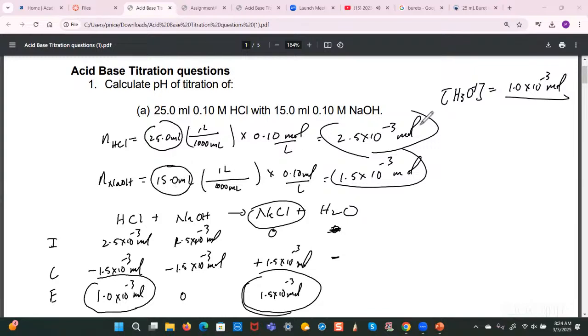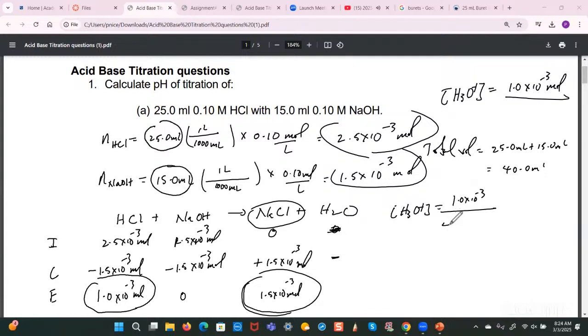So that means the total volume of the solution at this stage would be 25.0 mL plus 15.0 mL, which gives you what? 40.0 mL, right?